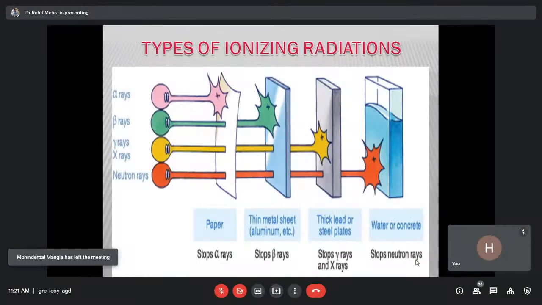But the basic difference, which every science student should know, is the difference in origin. X-rays originate from the electrons, or the electrons revolving, and gammas originate from nuclear transitions. So gammas originate from inside the nucleus, and X-rays originate from transitions across the electron orbits which are there.